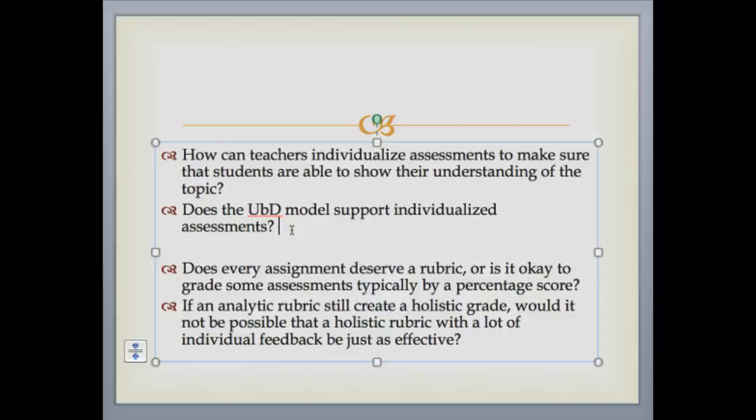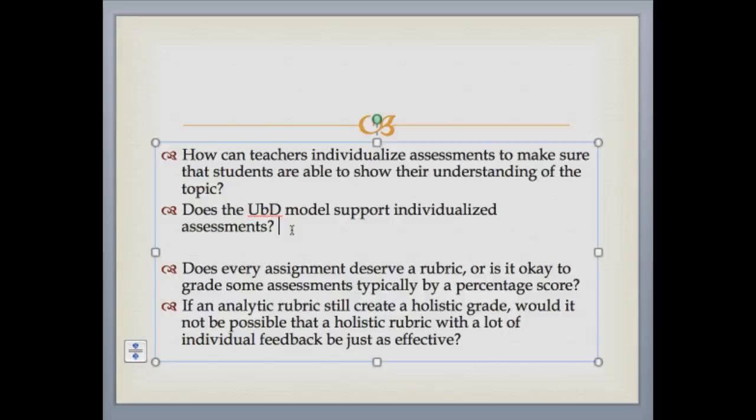And then two other questions that were asked about rubrics. So first of all, does every assignment deserve a rubric? Teachers would not have time to sleep, eat. Yeah, there would be no time if teachers designed a rubric for every single assignment they created.